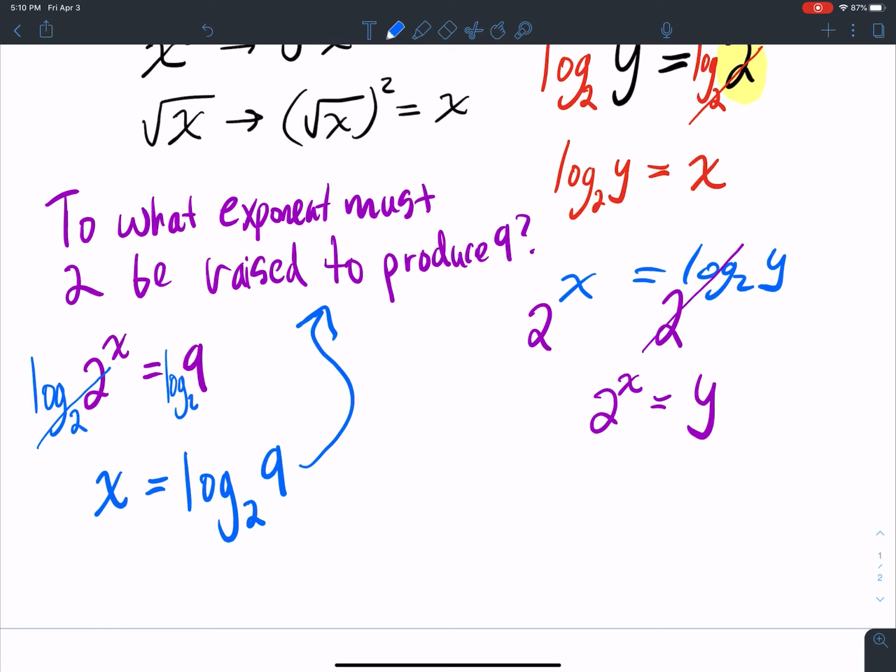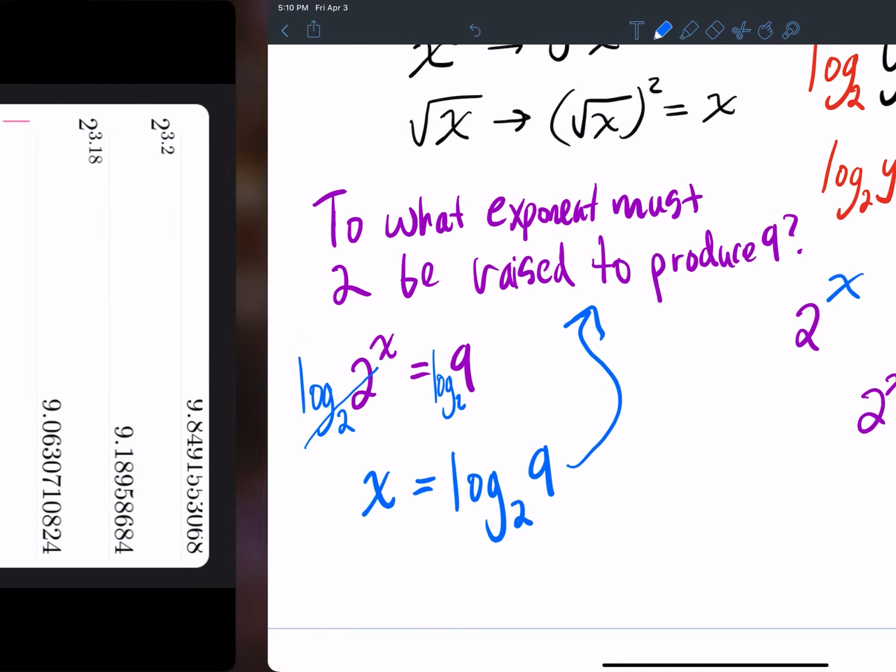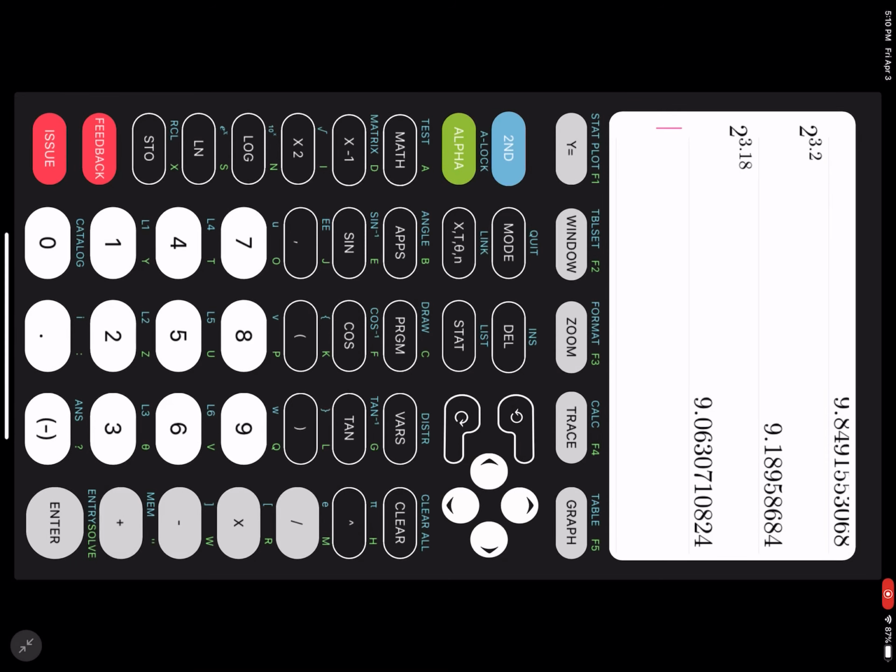Okay? So this answer can be found with your calculator. If you've got one of the more advanced calculators, you hit the log button. Now mine isn't one of the advanced calculators, so I'm going to have to use a trick here. If you've got an advanced one, you're going to have it where you can type in the base. If you have a calculator like mine, then you're going to have to do what's called a change of base rule.